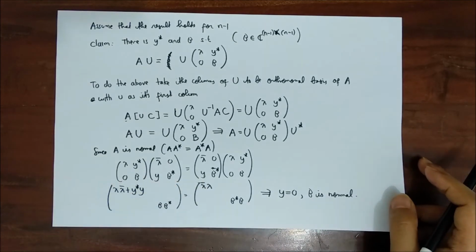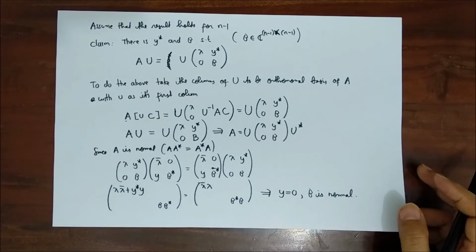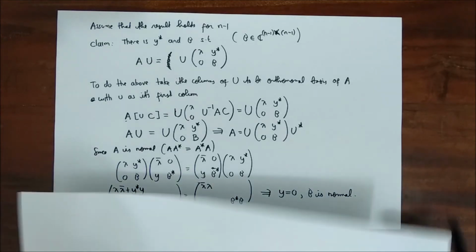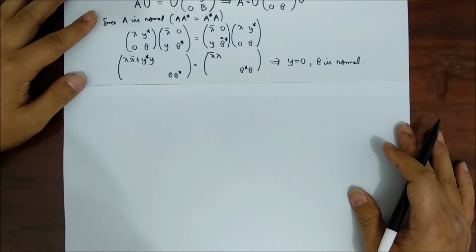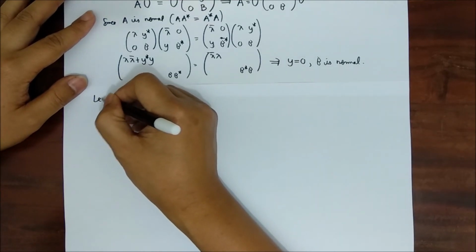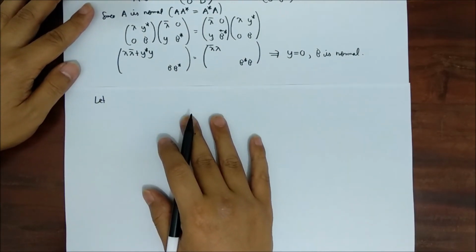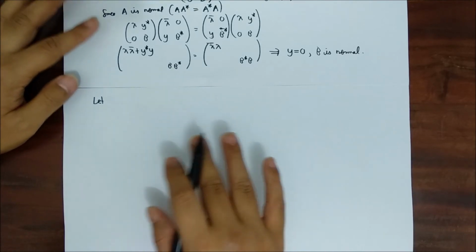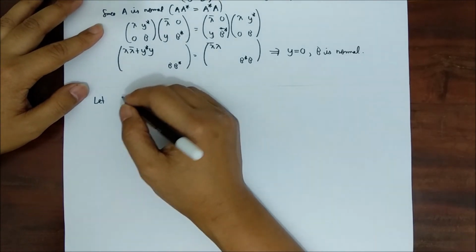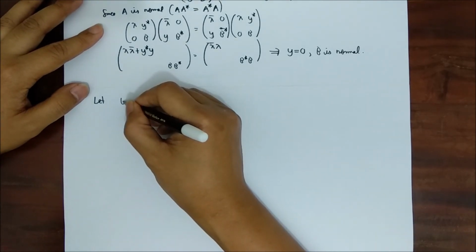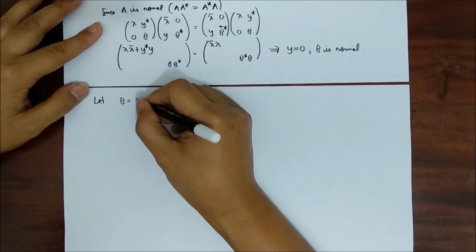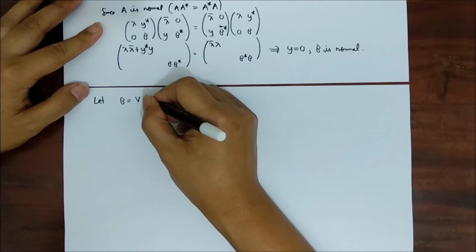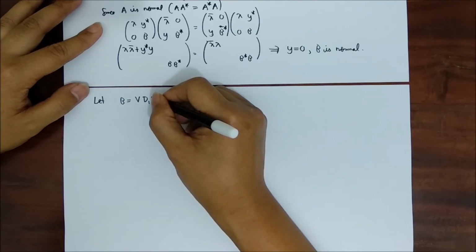Because B is normal, according to the hypothesis, we can diagonalize B. So let V diagonalize B, meaning that B is equal to V D1 V star.